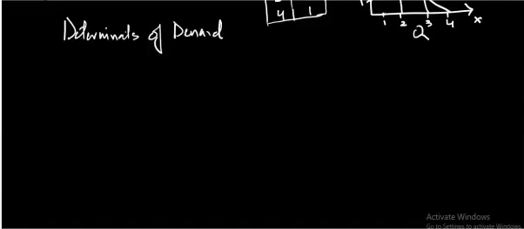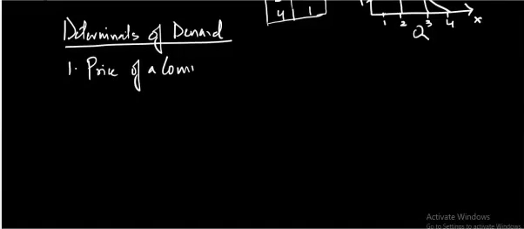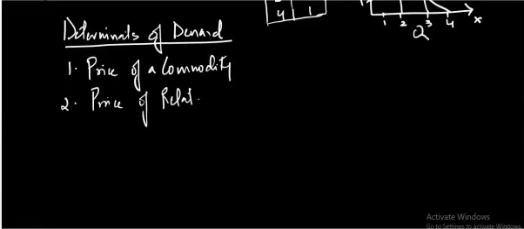Now after analyzing what demand means, let us understand what the various determinants of demand are. The first and the most important thing that determines the demand is the price of the commodity itself. The second one is the price of related commodities.